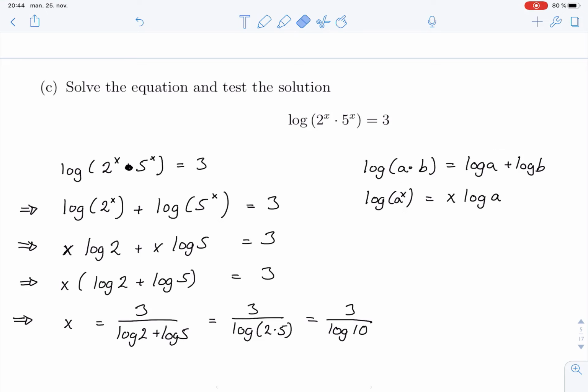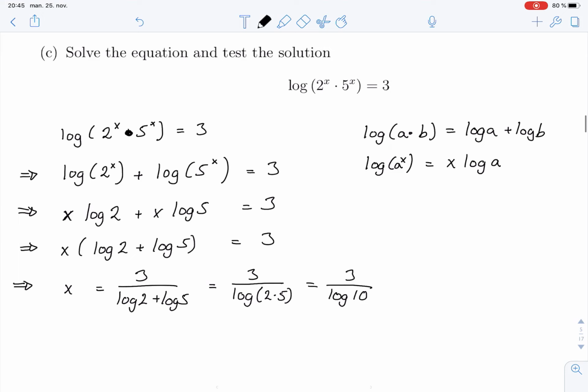Okay, what kind of logarithm is this? This is the logarithm of 10. So when we're taking the logarithm of 10, we're basically asking what are we supposed to have here in order to get 10. And that is 1.